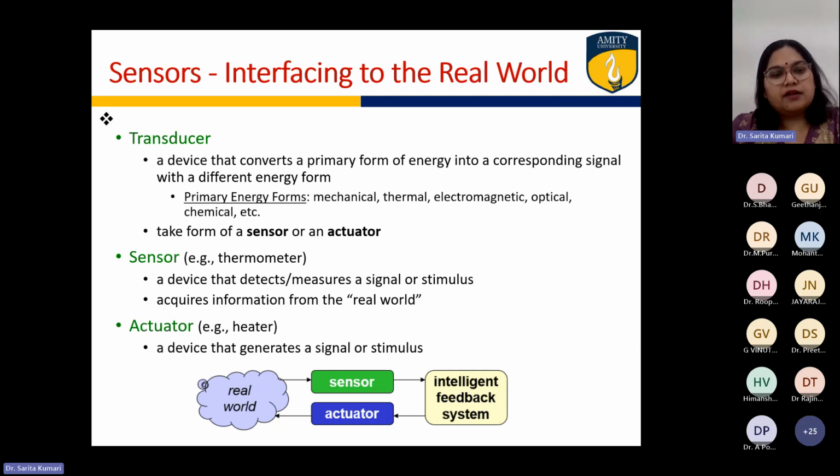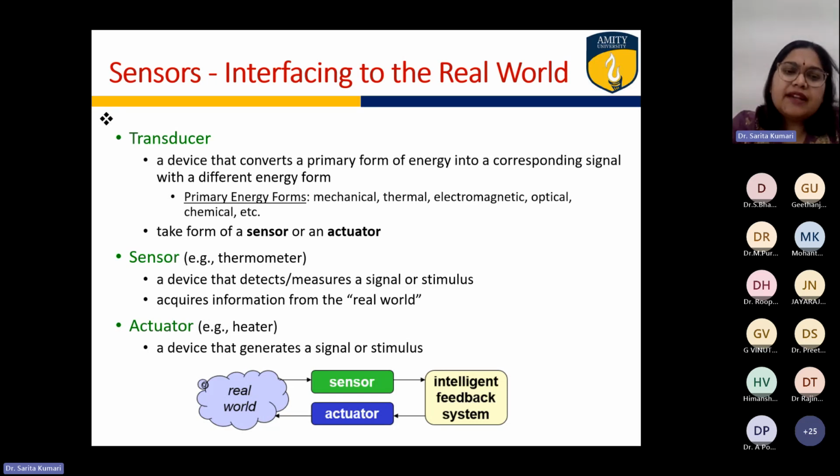So again, we can understand the importance of this sensor part and the output of sensor. Like I gave the example of mercury thermometer, there the output is given in terms of expansion of mercury. But when I'm talking about digital thermometer, it is giving me the readout, this much degree Fahrenheit or centigrade, whatever you are opting for, right?